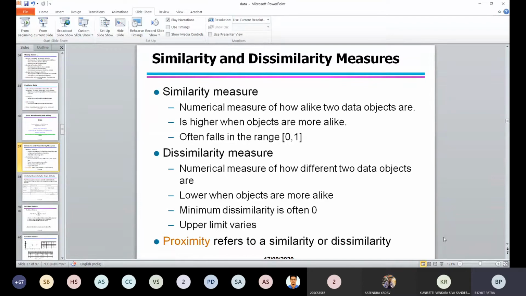The dissimilarity value is 0 at minimum, and there is no upper limit between these two points, since two points can be anywhere. But very often we put an upper limit for the purpose of computation. So these are the basic ideas about similarity and dissimilarity. We'll go into more detail.